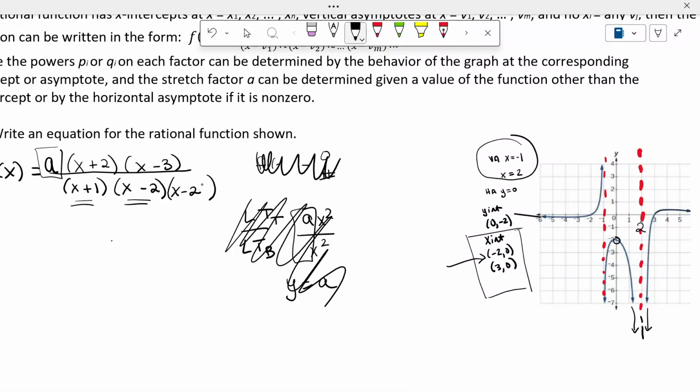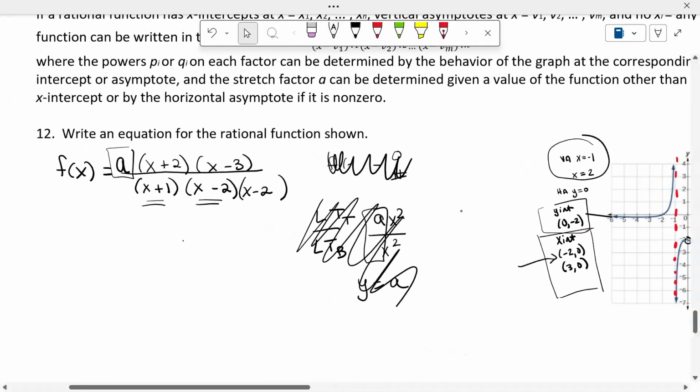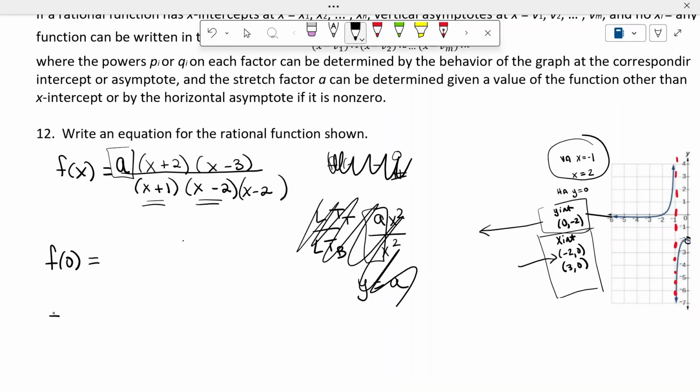I don't know a yet, and I haven't done anything with this y-intercept. Here's what I know. When I plug 0 into this, for an answer, I have to get a -2. Okay? There could be a multiplier in the front. We'll call it a.